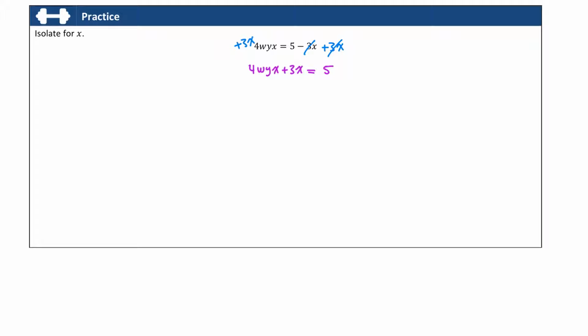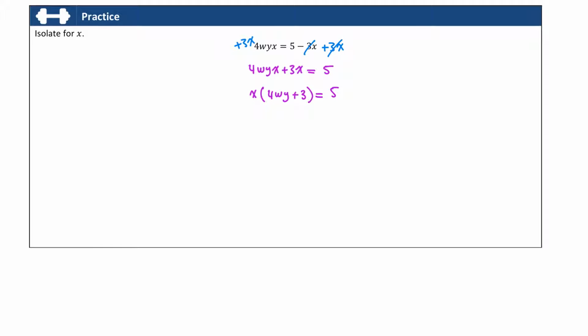My next step is to factor out my x, or the variable that I'm trying to isolate. So if I do factor that out, I get x here, and 4wyx divided by x, only the x's cancel out, and I'm left with 4wy plus, and then I have 3x divided by x, which gives me 3, is equal to 5.